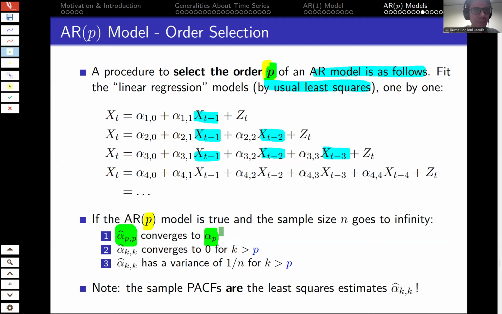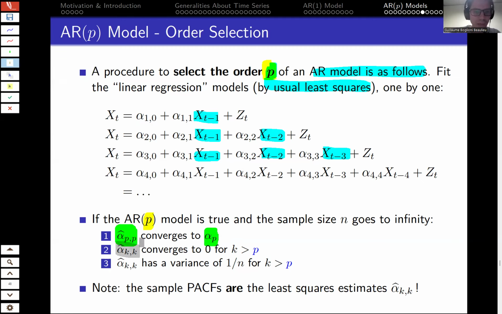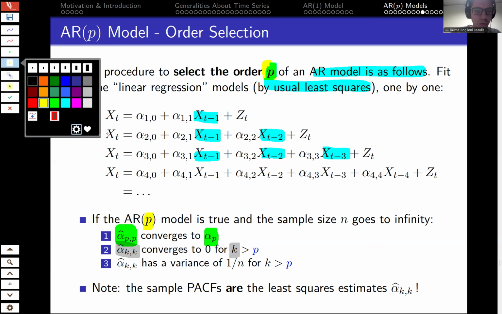But also, the alpha_kk will converge to 0 for any k that is larger than your p here.